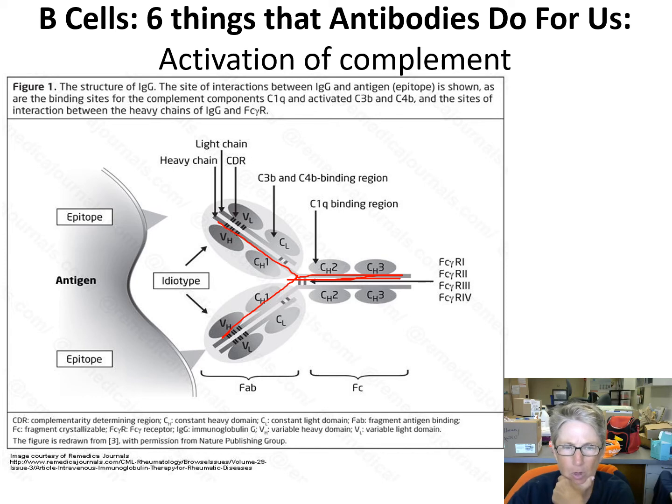And what this shows is how detailed the complement binding to an antibody is. For example, the C3b and C4b binding region is in the constant light chain. The C1q binding region is the constant heavy chain too. But anyway, you don't have to know all these details. It's just that complement proteins can bind to the antibodies in specific places.